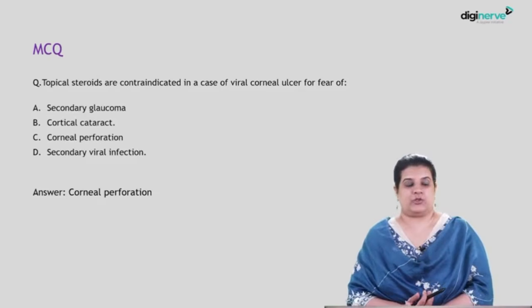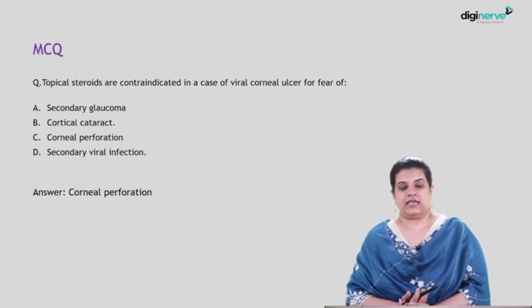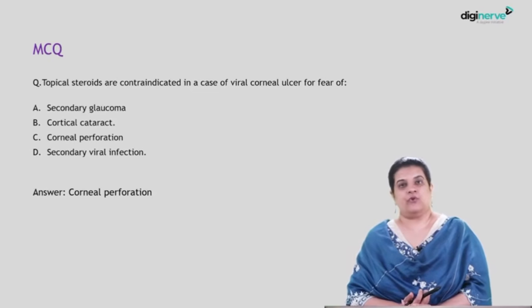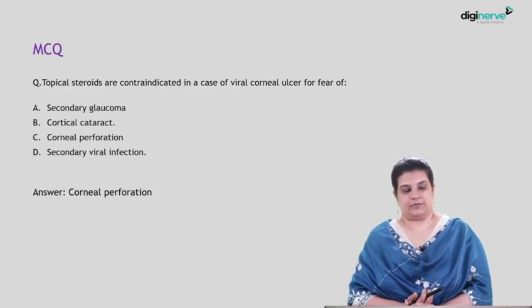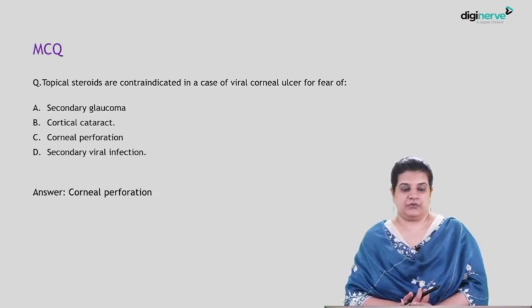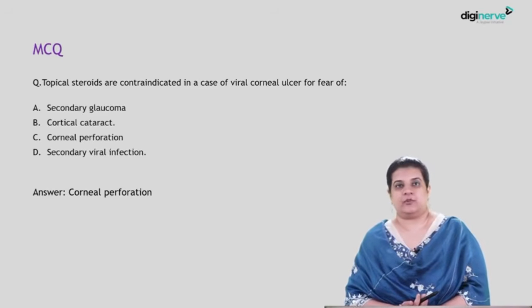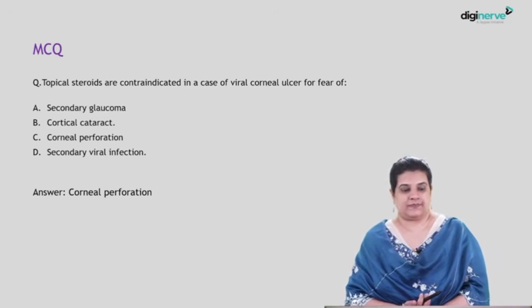And the last question is, topical steroids are contraindicated in a case of viral corneal ulcer for fear of which problem? Secondary glaucoma, cortical cataract, corneal perforation, or secondary viral infection. In secondary glaucoma, topical steroids are helpful because they take care of trabeculitis.